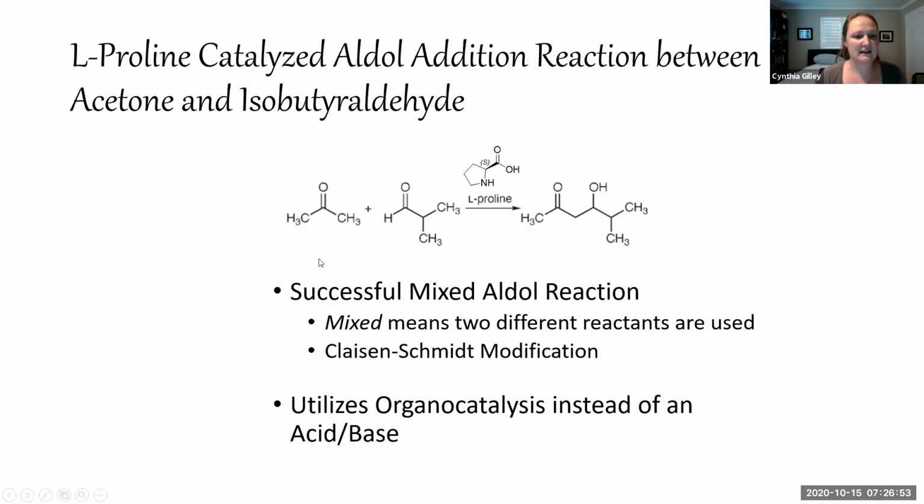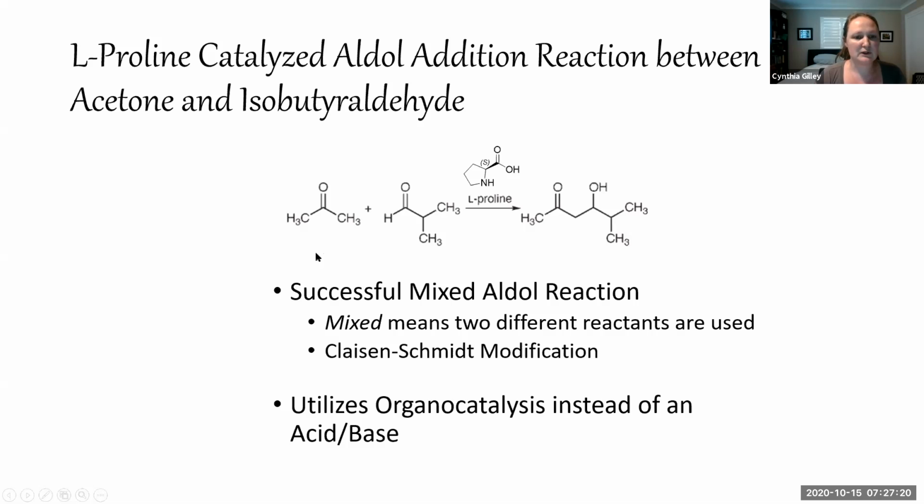And this reaction represents a successful mixed aldol reaction. And it's mixed because we're using two different reactants. So it's common for the aldol reaction to use a single reactant with a catalytic base, for example, to convert part of the reactant to an enolate, and then the enolate would attack another of the same reactant.